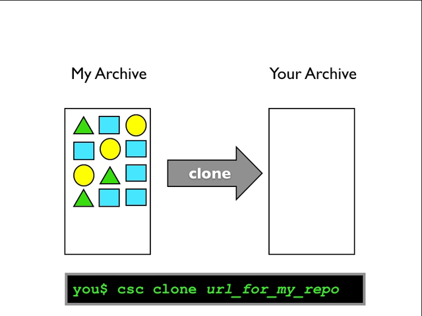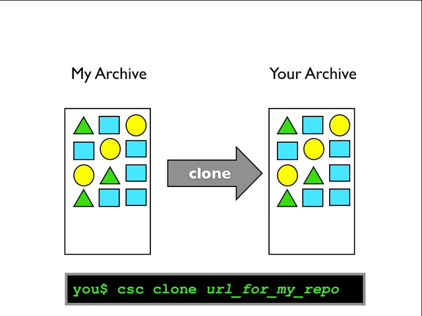Clone, and you pass it the URL for my archive, and the CSC system will go out to the server running on my box and pull all the files in my archive over to your archive. And now you have a complete copy of everything I've done, all the commits I've made, all the snapshots I've made, and everything in it, leaving you the chance to work independently from me.